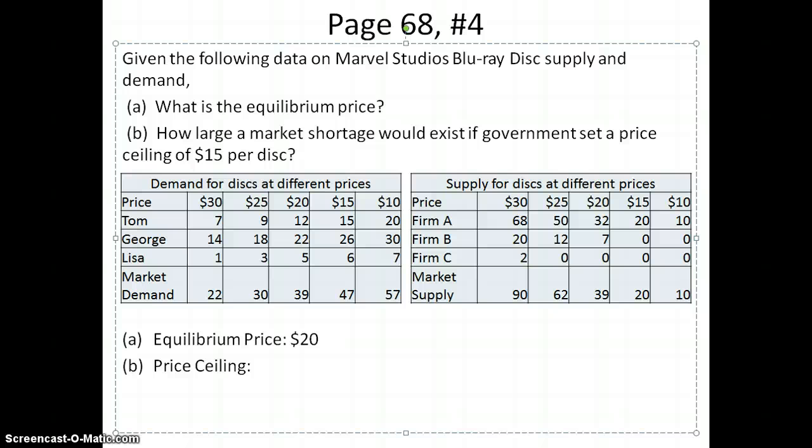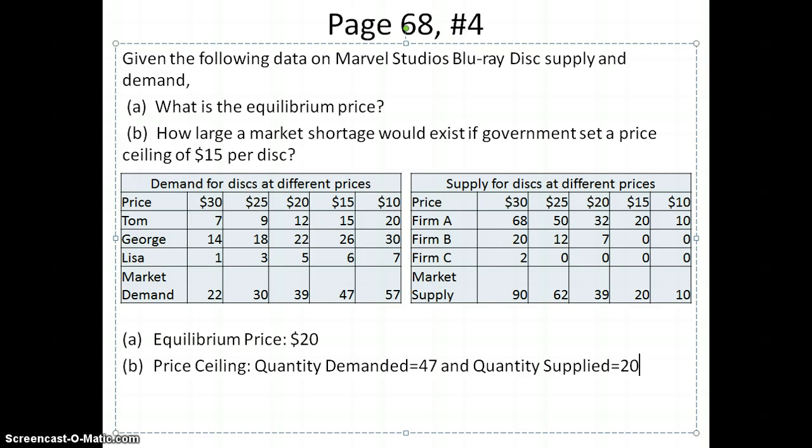At a price of $15, we need to look at the quantity demanded and the quantity supplied. At a price of $15, we see that 47 would be wanted. And we need to also look at our quantity supplied. Again, at a price of $15, only 20 would be produced.